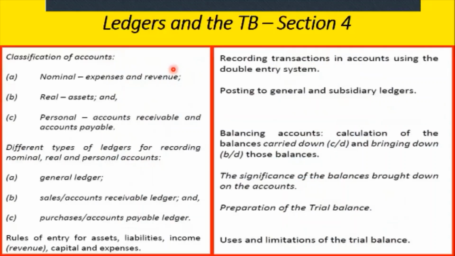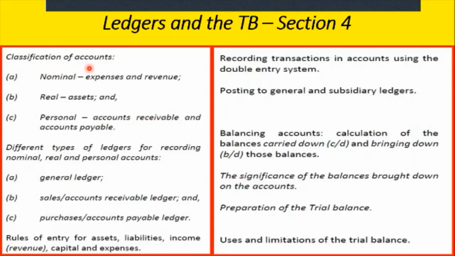The first one is the ledgers and the trial balance. That is section 4, right? And this is what you could expect to see in there. I have all the items from the syllabus here from section 4. It looks long, but isn't really all that long, right?